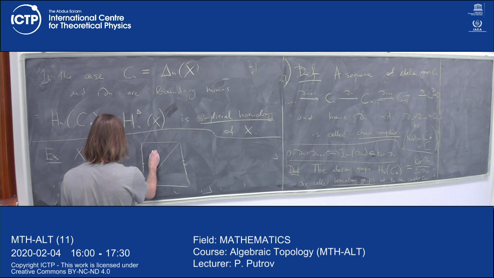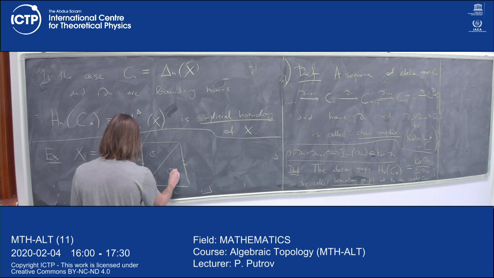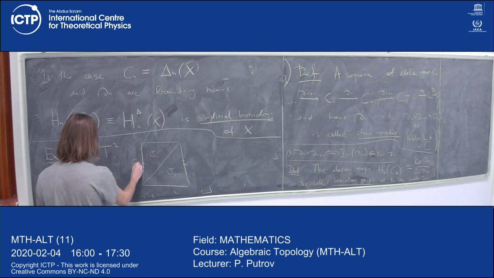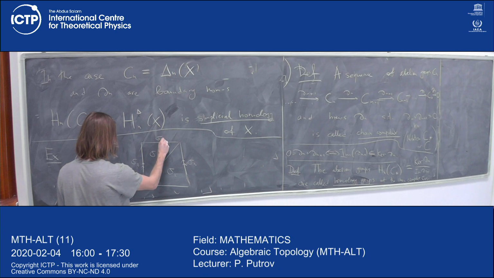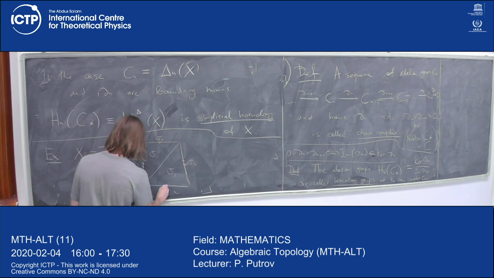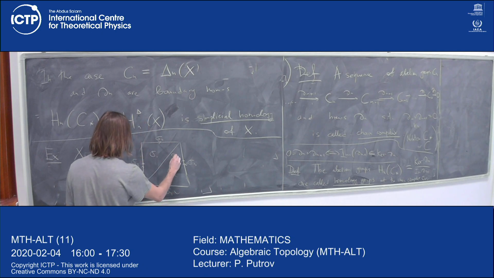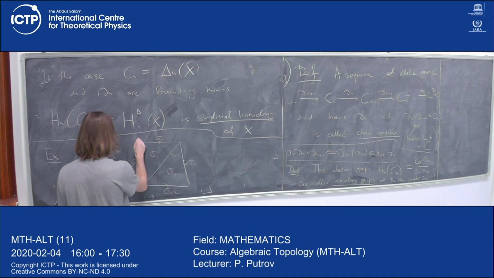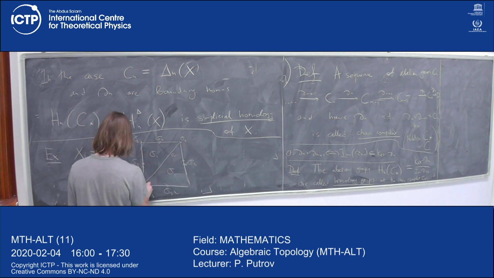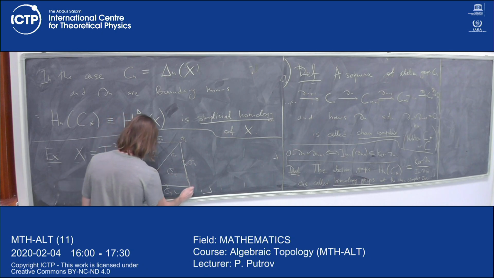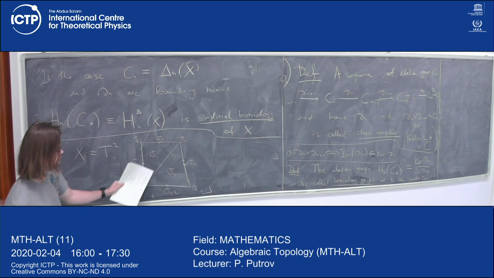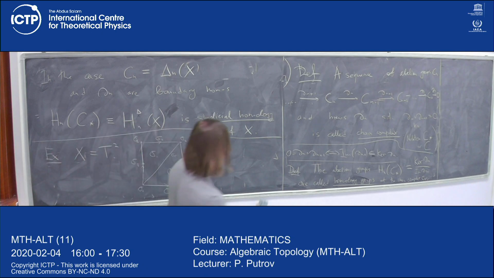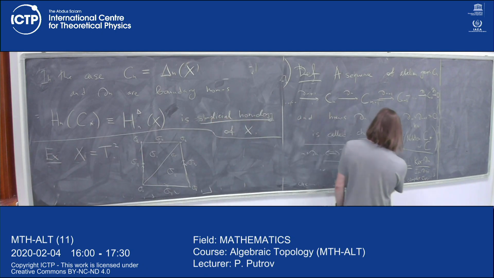I'm not sure if I'm using the same indices as before. This is sigma 5, and this is sigma 6, sigma 6, sigma 6, sigma 6. I'm not sure this is exactly the same numbering as before.